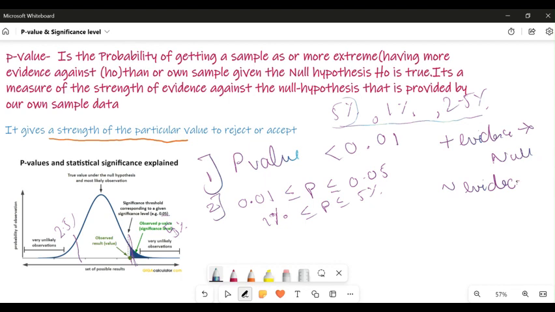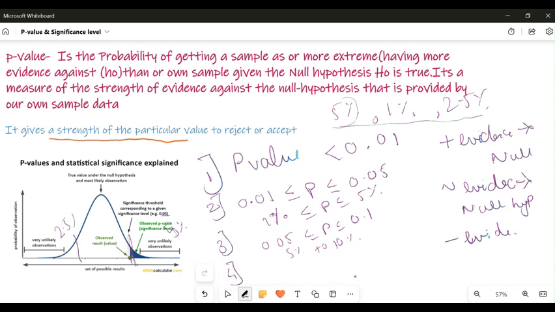If we have a larger p value, like 0.05 up to 0.1, that is 5 percent to 10 percent of the data, it indicates weak evidence against the null hypothesis, suggesting that the observed effect or difference might have occurred by chance alone, but there is still some level of uncertainty.